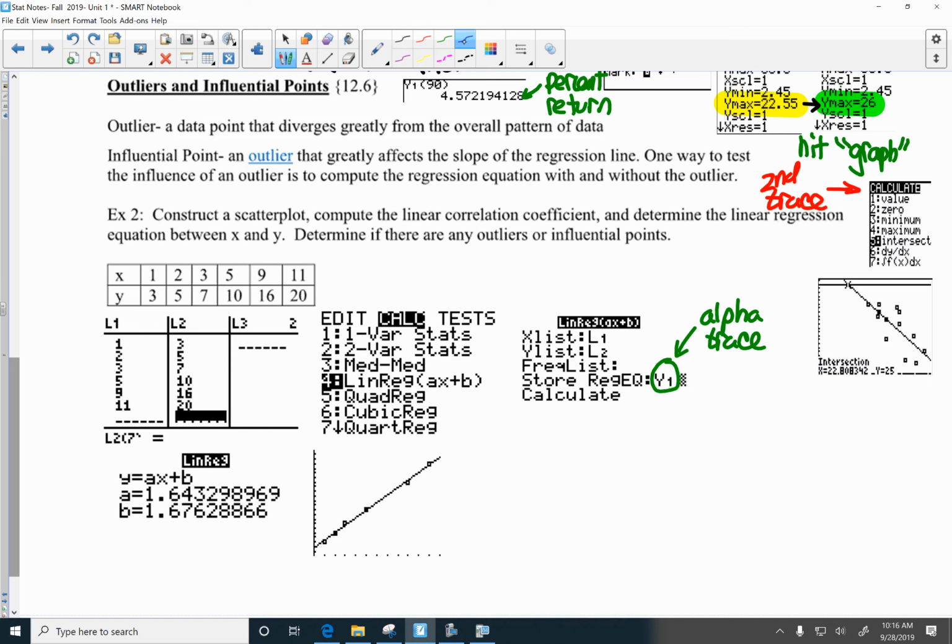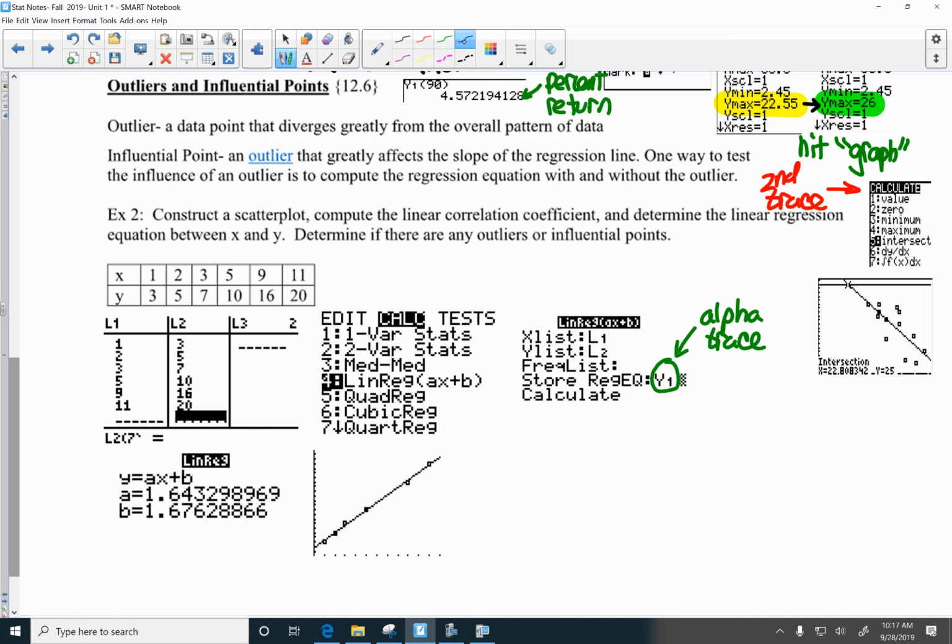All right, so you can't have an influential point unless it's already an outlier, because part of the definition for influential point is an outlier that greatly affects the fit. So an outlier is something that's out of whack. It diverges from the general trend. Well, the overall pattern of the data is linear, and I don't see anything that's too far away from linear.